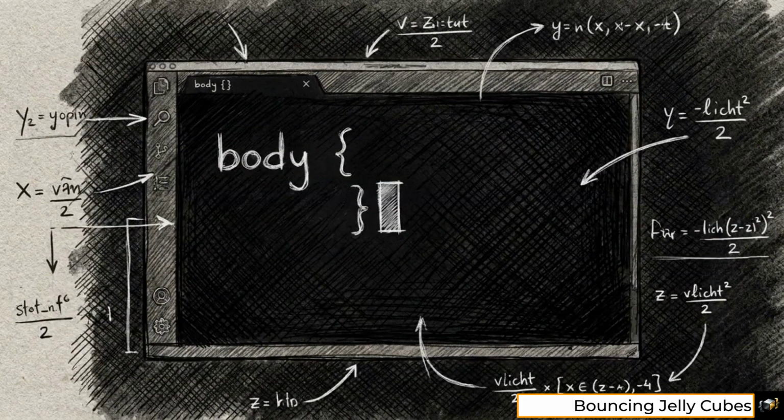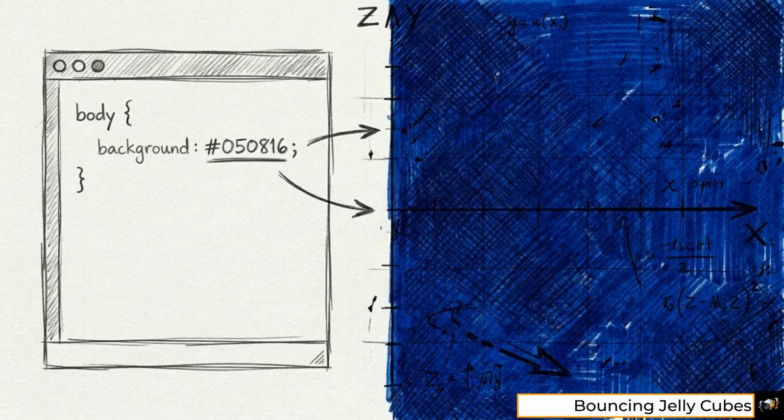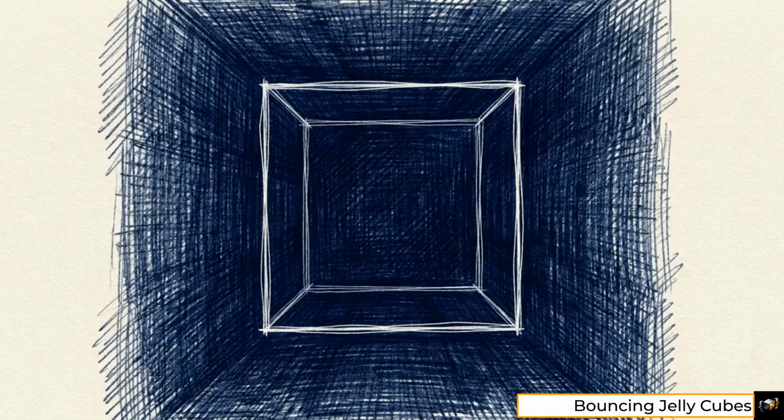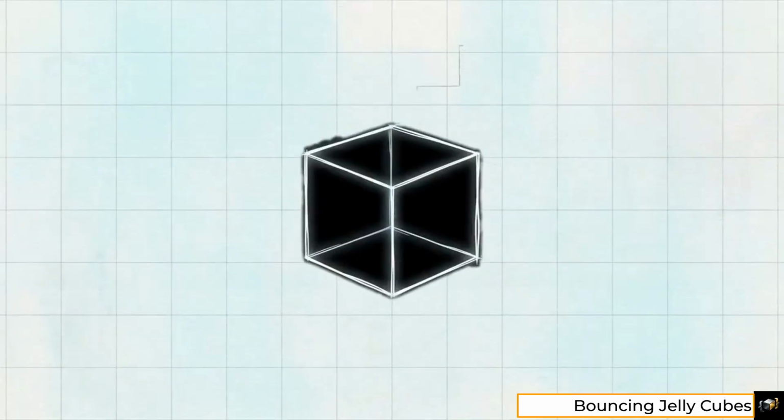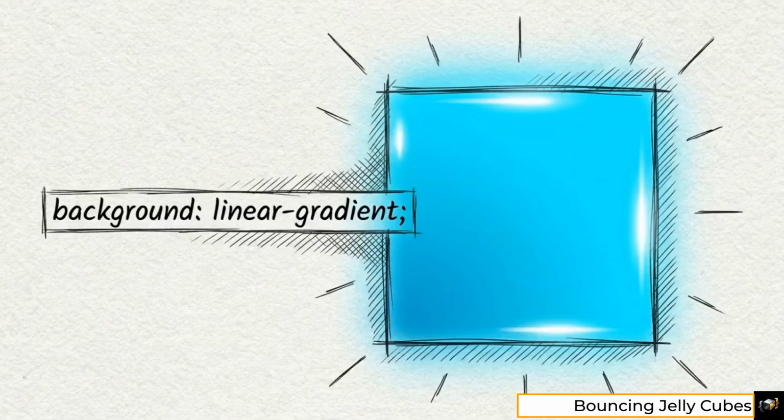To make the colors pop, we set the document's body to a very dark blue, hex code 050816, creating a high contrast background. Next, we design our target object. We give it a strict set of physical dimensions, exactly 70 pixels wide and 70 pixels tall. To give this flat square a sense of physical volume, we apply a linear CSS gradient.